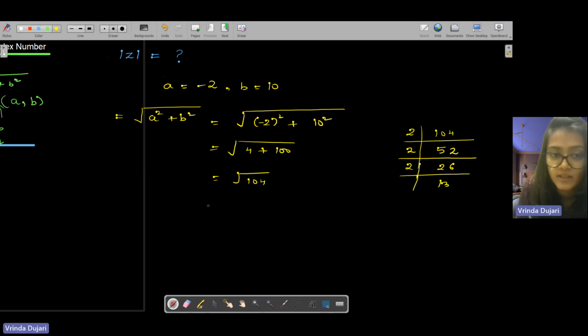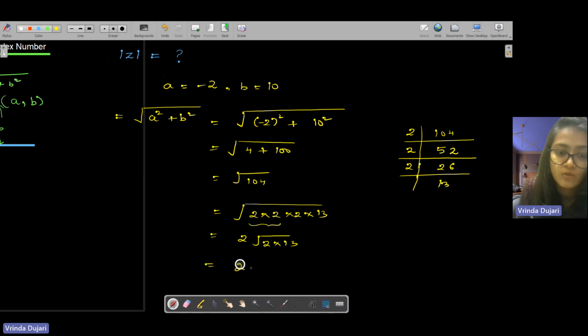So this can be written as 2 times 2 times 2 times 13. So out of these two 2's, I'll take out one 2 outside, and I'm left with 2 times 13 in the square root. So this is 2 times square root of 26.